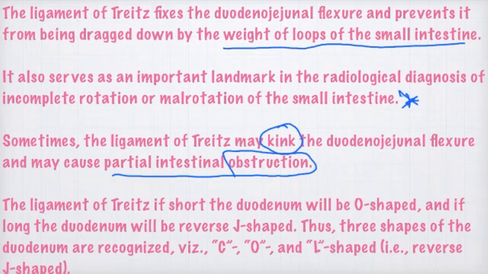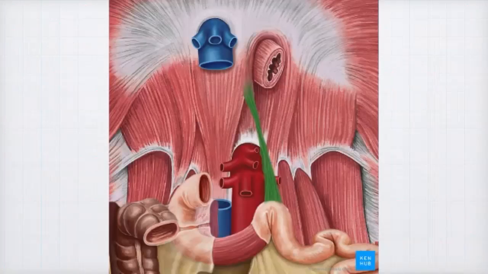So this one is the ligament of Treitz. Okay, this is the right crus of the diaphragm. From the right crus to the duodenojejunal flexure. From here onwards, it is jejunum, right? All of this is duodenum. You can see that in here also. Okay, if you hide the pancreas, right?